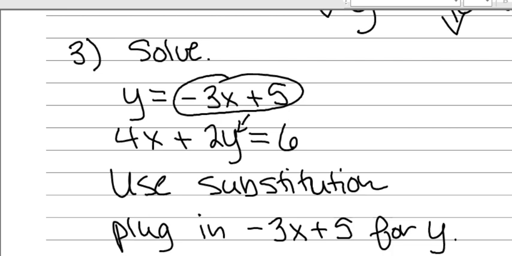So since I have the variable y equal to negative 3x plus 5, I've got y on one side. I'm going to use substitution. So I'm going to plug in negative 3x plus 5 into the second equation for y. So I'm going to plug it in there next to the 2.